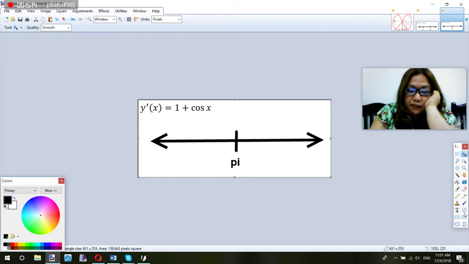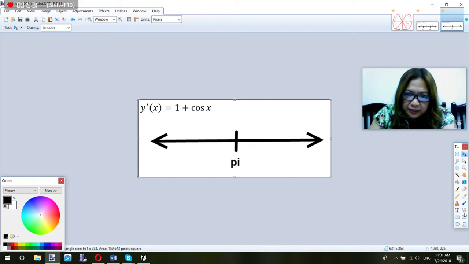And then again, we're bounded by negative pi halves and 3 pi halves. So if I plug in a value on our interval that is less than pi, what would be an easy number to plug in? Less than pi. So I can say pi over 6.